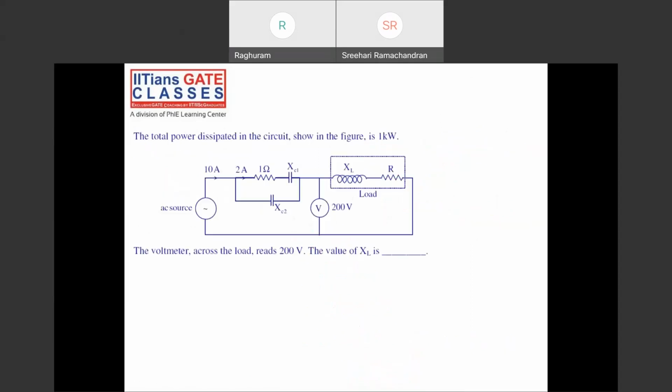Okay. Okay. Next, the power dissipated in the circuit shown in what happened? I cannot see the slides.